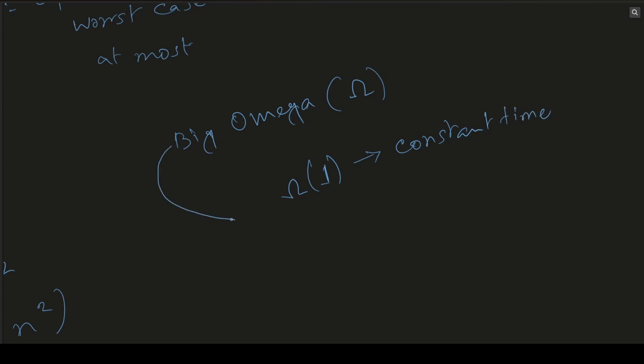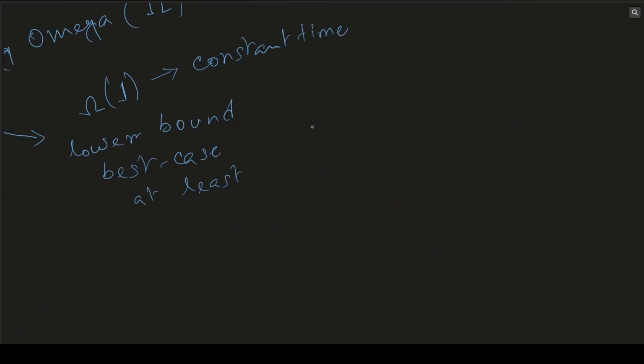So what does big omega mean? Big omega means it's a lower bound. It is the best case, and it tells us at least. Let's take the example of linear search again.